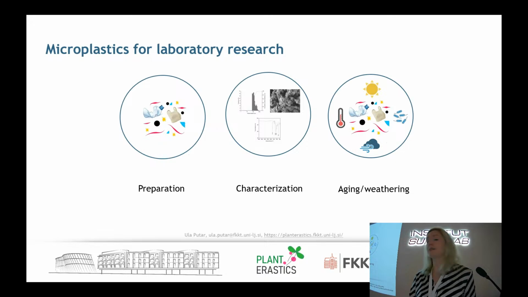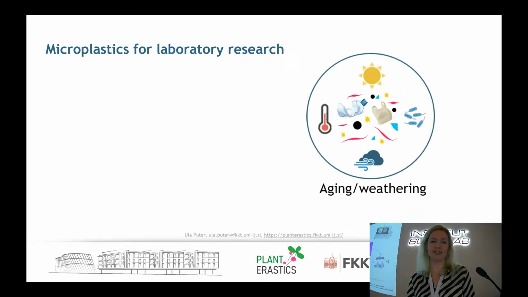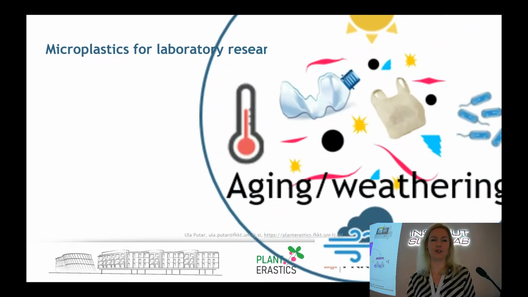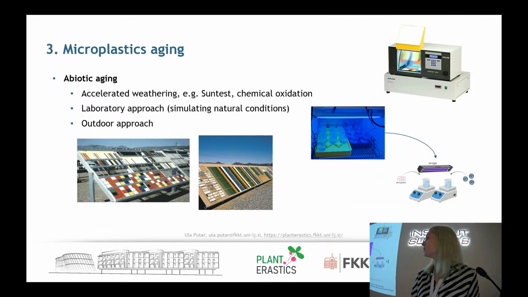And the last part is aging or weathering. This is also something that we are doing quite a lot for a lot of other research groups. So basically, you can divide microplastic aging or weathering into two possibilities: abiotic aging or biotic aging.